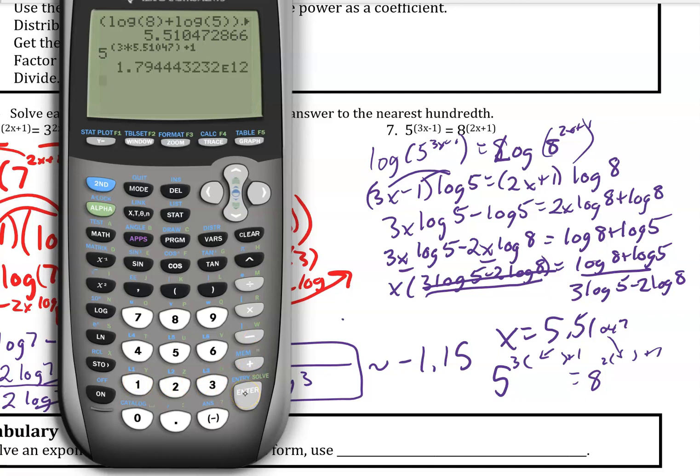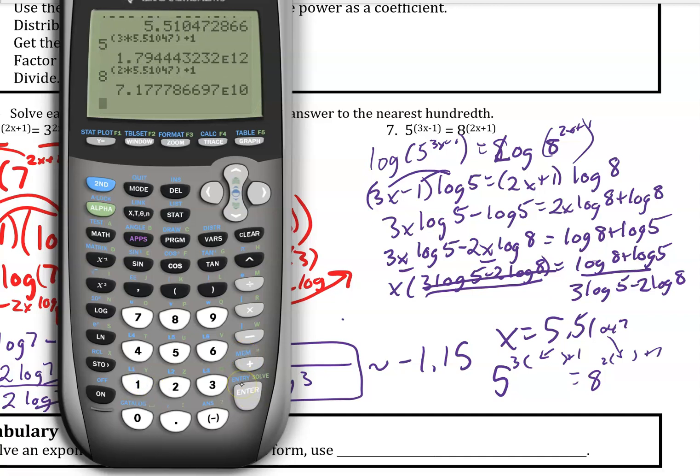That's a big number. 8 raised to the 2, go back, parentheses, 2 times 5.51047 plus, I did the other one wrong, didn't I? 1.